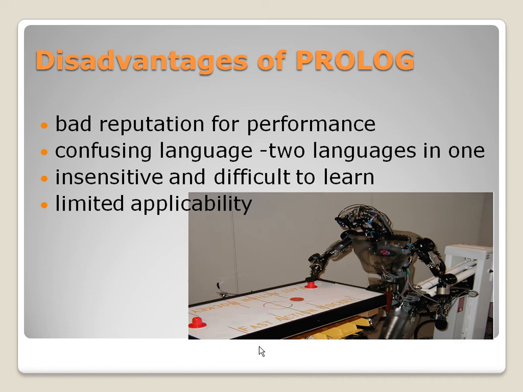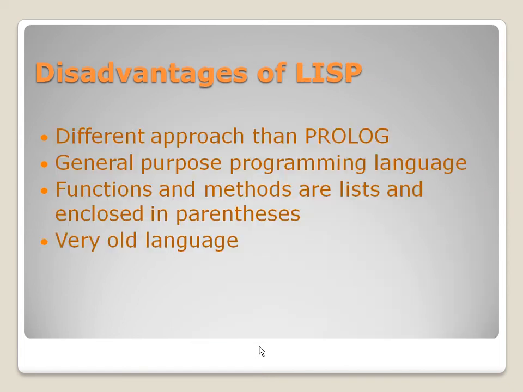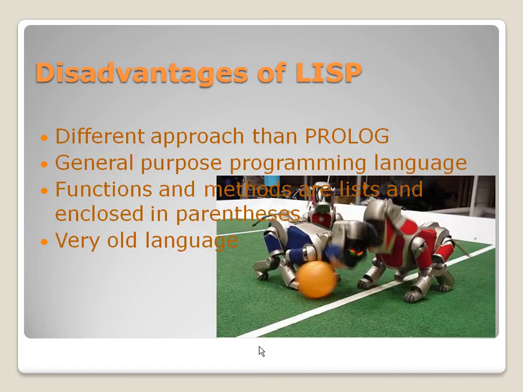Last one is limited applicability. The disadvantages of Lisp are different approaches than Prolog, general purpose programming language, functions and methods are lists enclosed in parentheses. Last one is that it is a very old language.